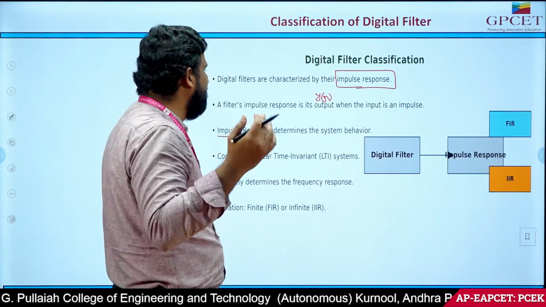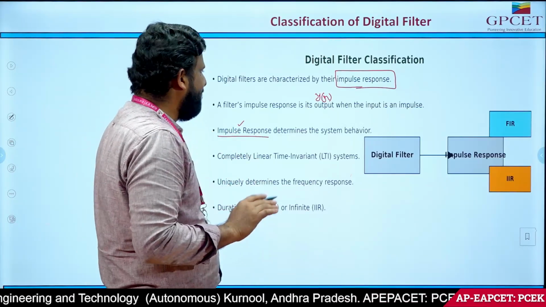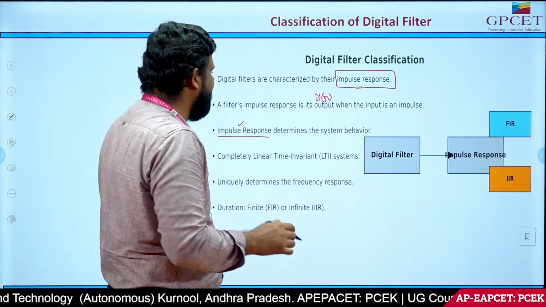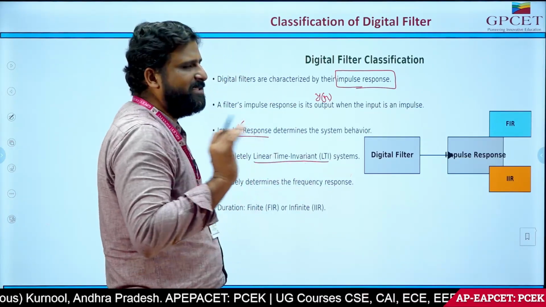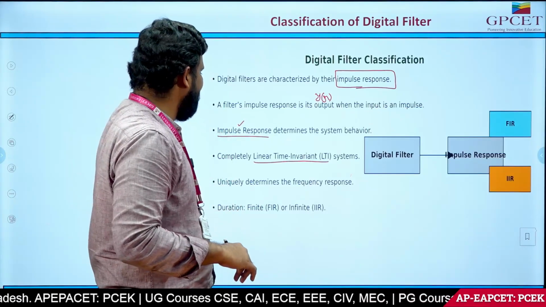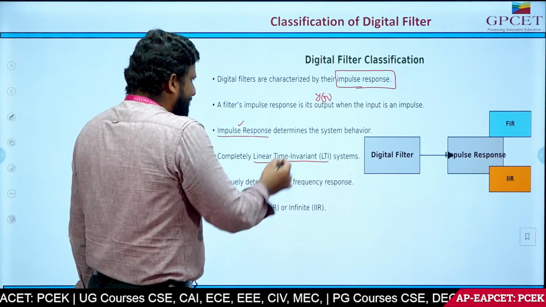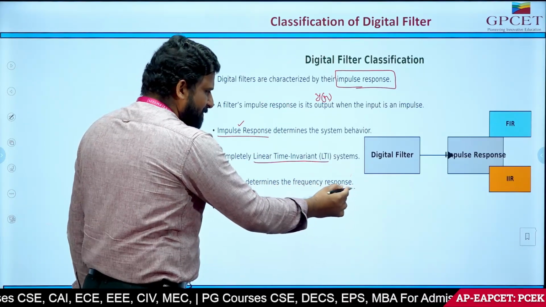And whatever system we are using should be a linear time invariant system. Finally, all these three characteristics uniquely determine the frequency response.